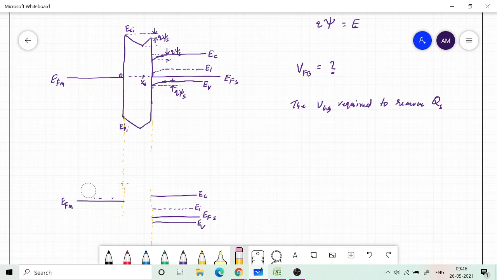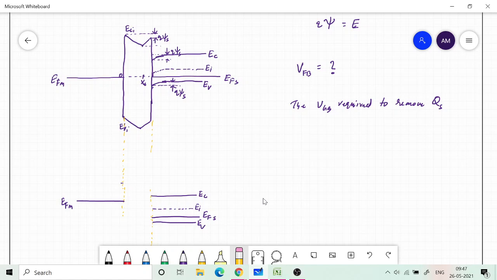So earlier I had applied positive voltage, so EFM went down, so that's not correct, because EFM going down means I am applying positive voltage, and if I apply positive voltage, positive charge is going to come, so that will make the situation worse. If I have more positive charge, then to compensate for that, in the semiconductor I will increase my negative charge, so I don't want that.